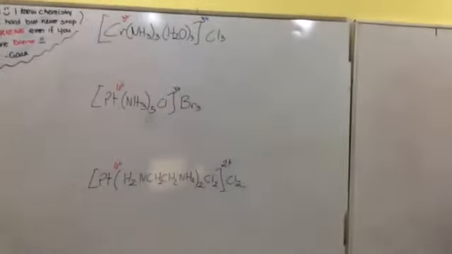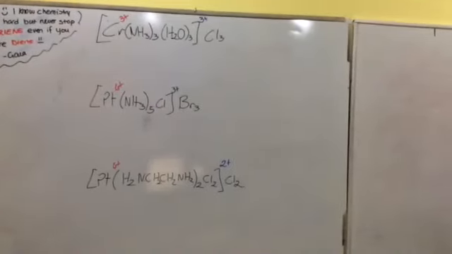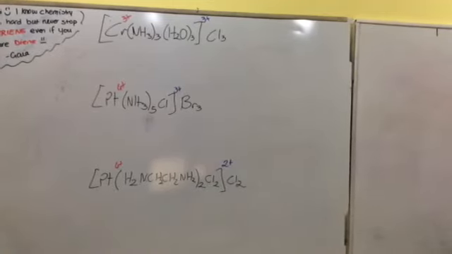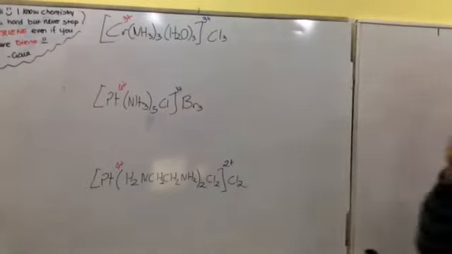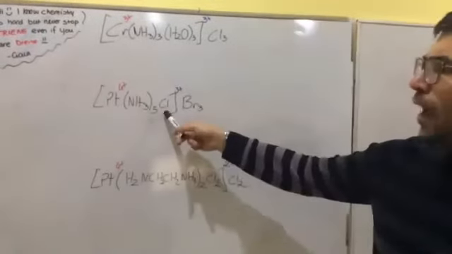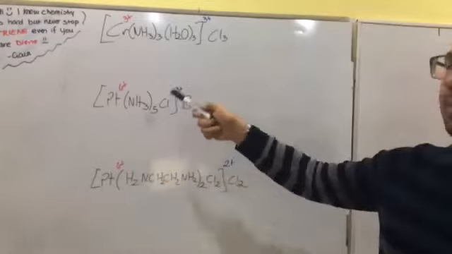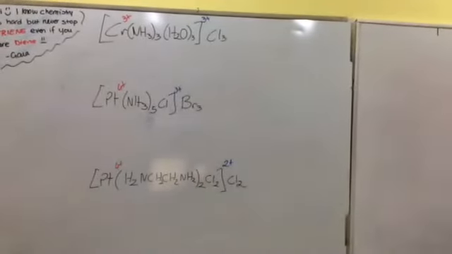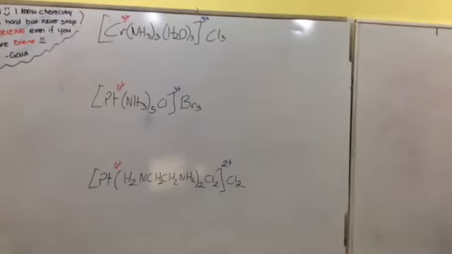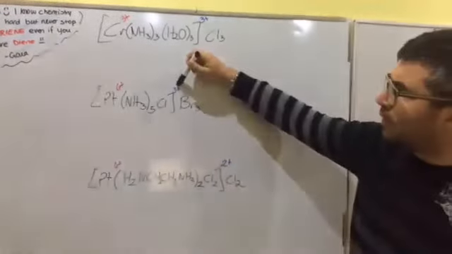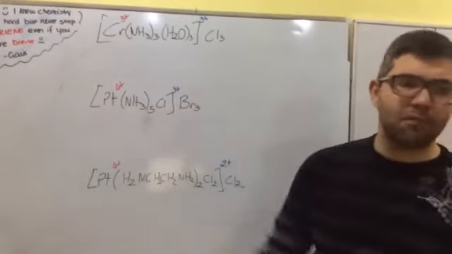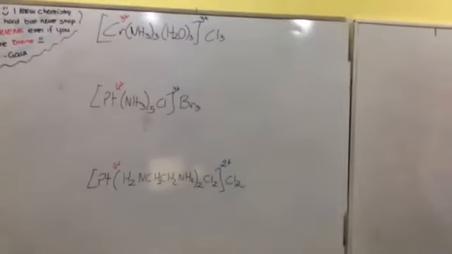So if there is no charge on the ligands, the charge of the complex is equal to the charge of the ion. If you have a Cl-, the negative charge will reduce the charge of the central ion. So if it's 3+ and you have a -1, then your platinum must have been +4.